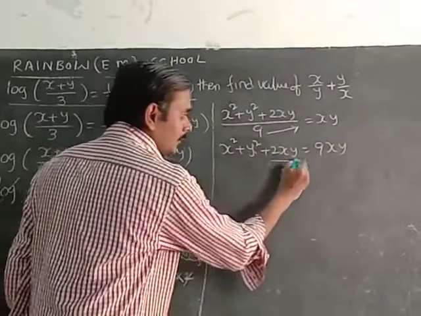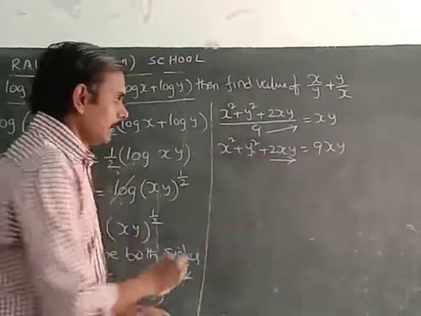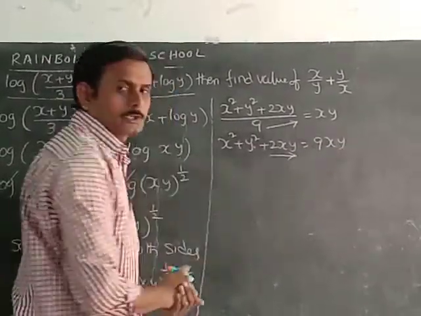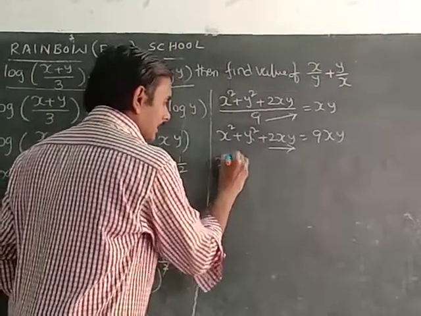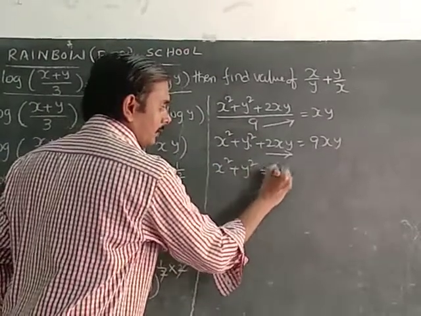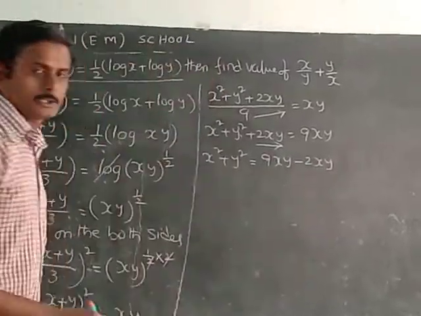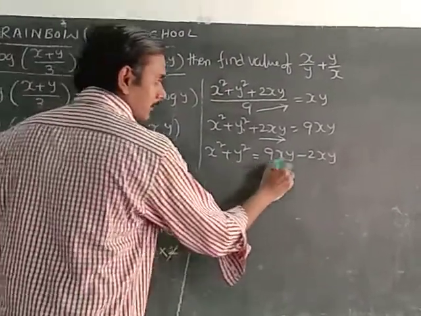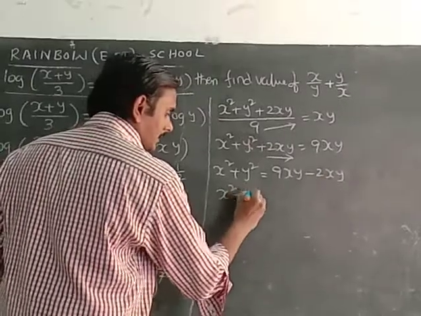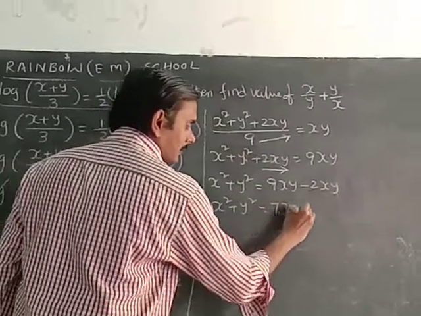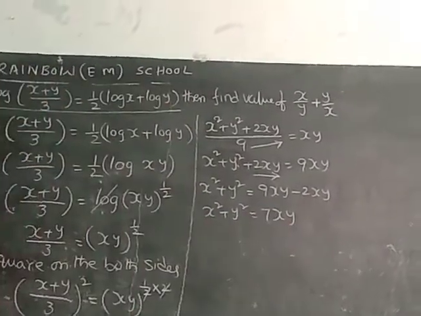Now move 2xy also to the RHS; on going to the other side it will be minus. X square plus y square equals 9xy minus 2xy, so subtracting these two, x square plus y square equals 7xy.